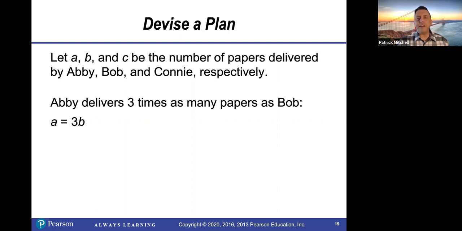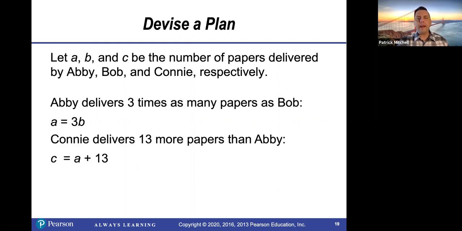Abby delivers 3 times as many papers as Bob, so A equals 3B. And Connie delivers 13 more papers than Abby, so C equals A plus 13. Total delivery is 496 papers, so A plus B plus C equals 496.